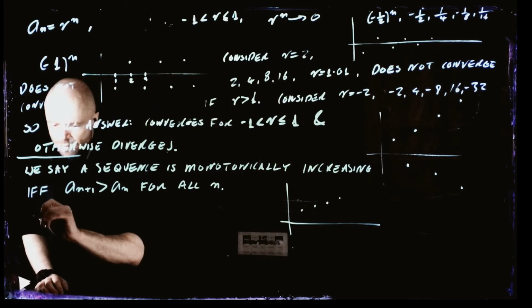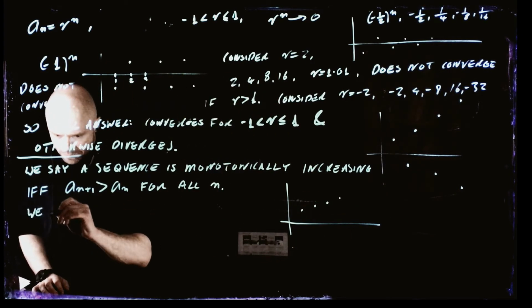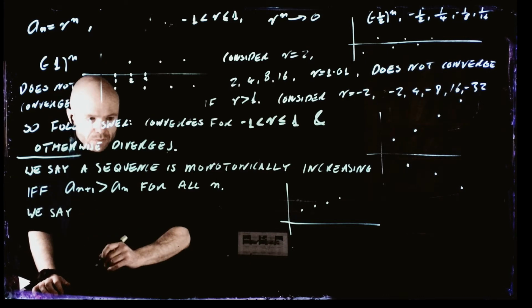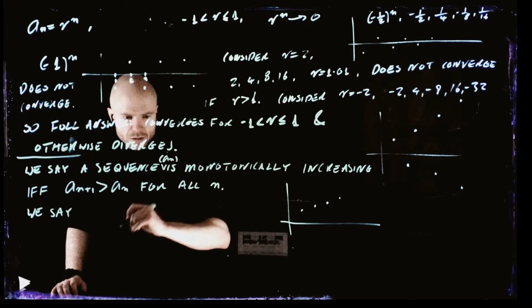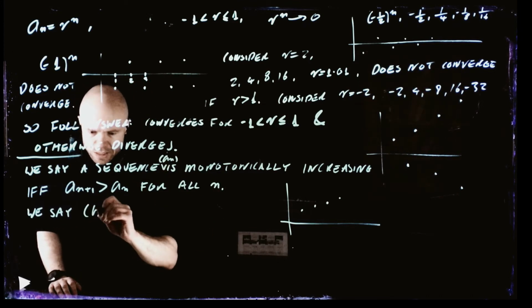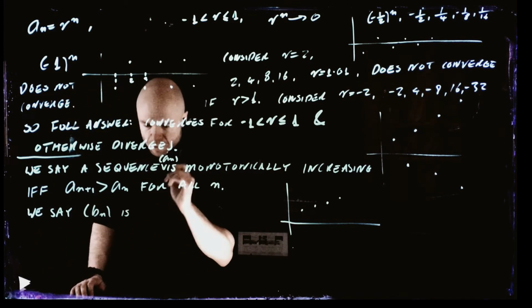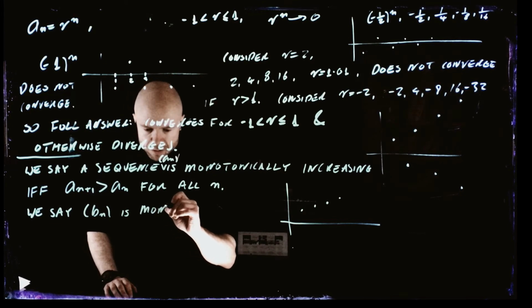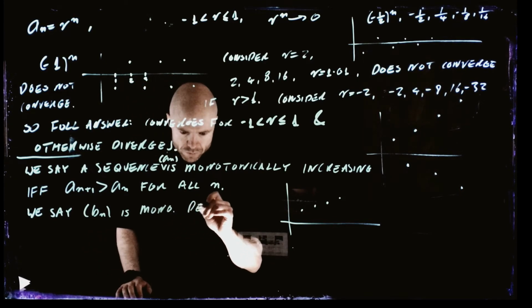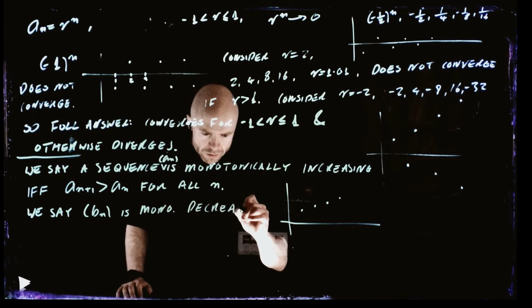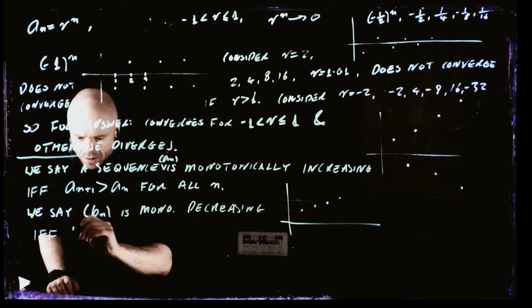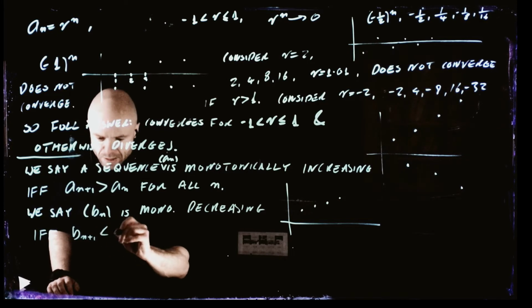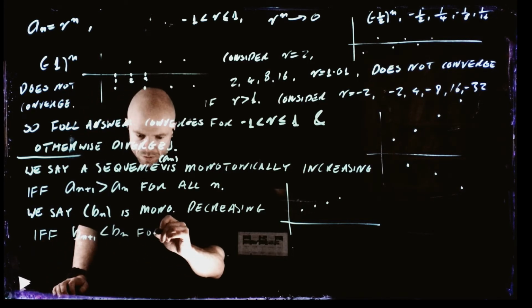And we say, let's call this sequence b_n, that b_n is monotonically decreasing, which I'm going to write as mono. dec., is what you'd expect, if and only if b_{n+1} is less than b_n for all n.